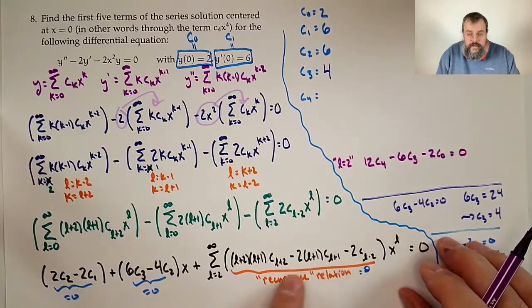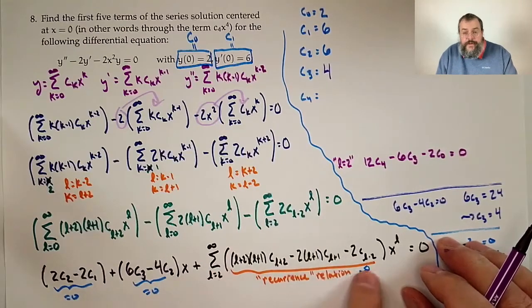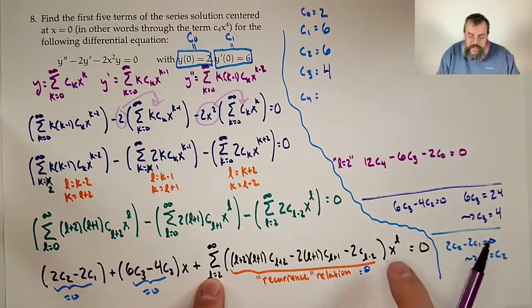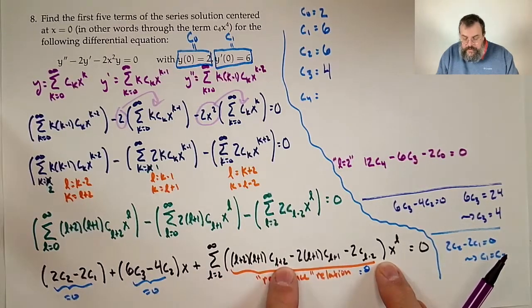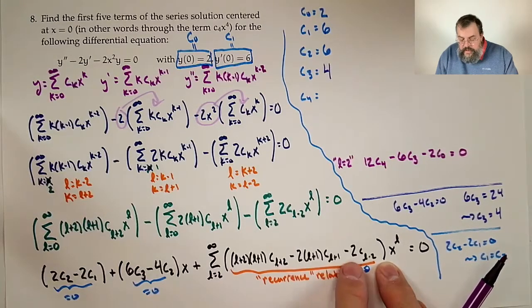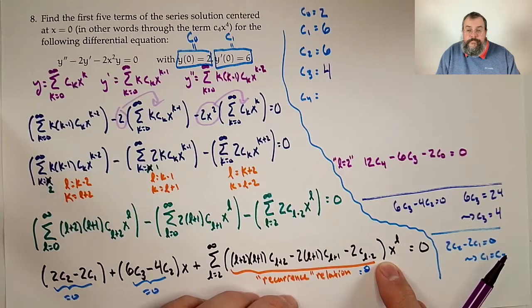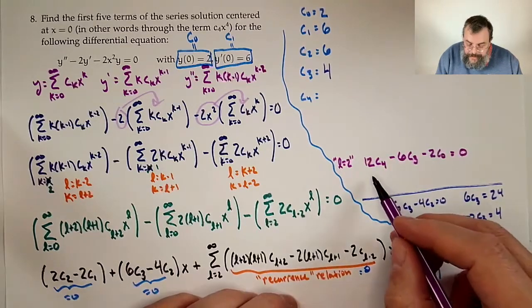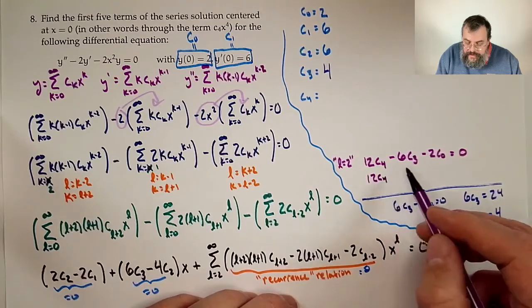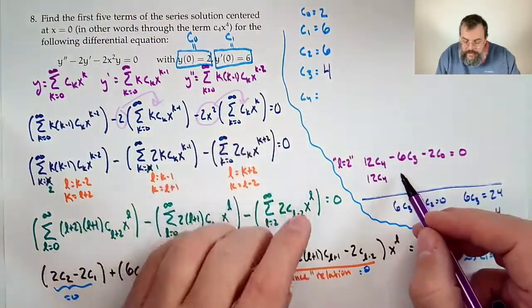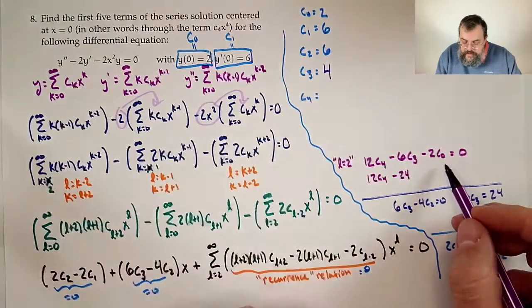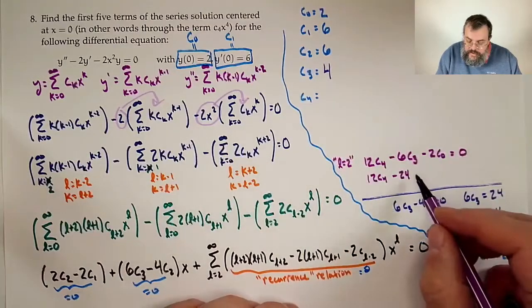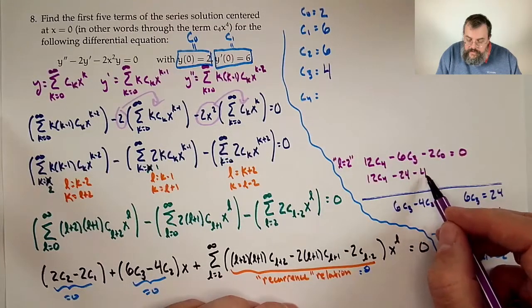All right? So again, I'm gathering the coefficient for x squared. So I'm plugging in L equals 2 into that relationship. So 4 times 3 is 12, C4. 2 times 3 is 6, C3. And 2 times C0. But wait, we know stuff. C3 is 4, so minus 24. And C0 is 2, so minus 4.